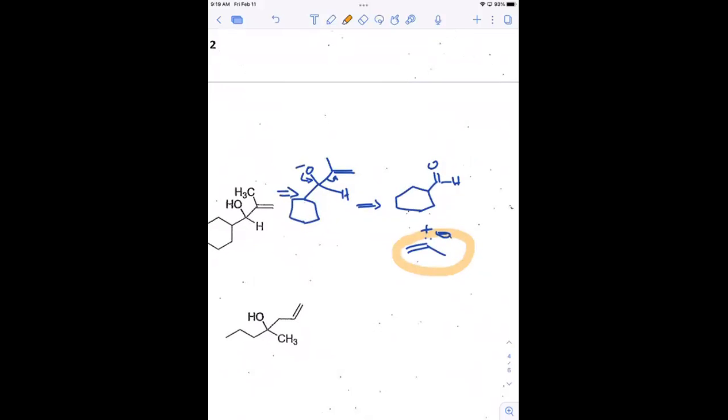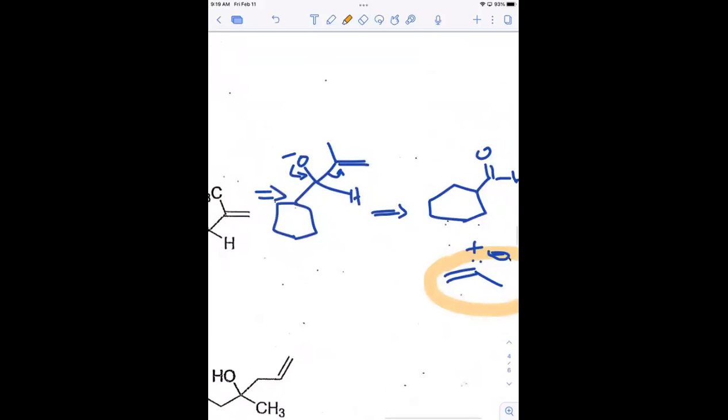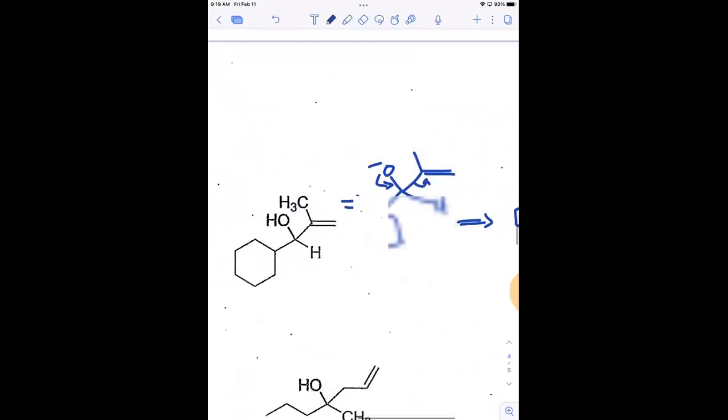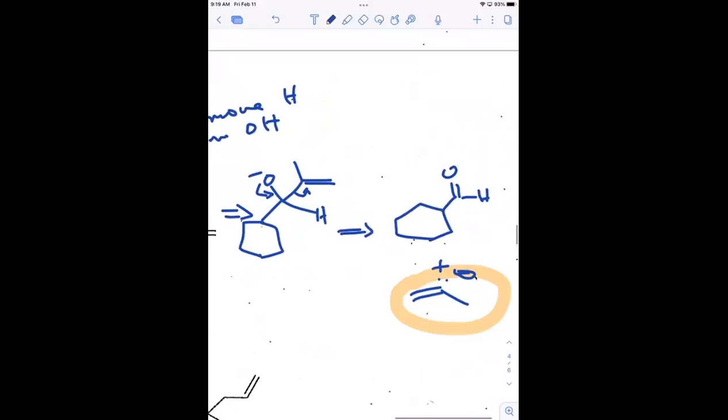So whatever part I release in this decomposition step, again, step one, remove H from OH, and then step two, we're going to decompose it through pi bond formation.